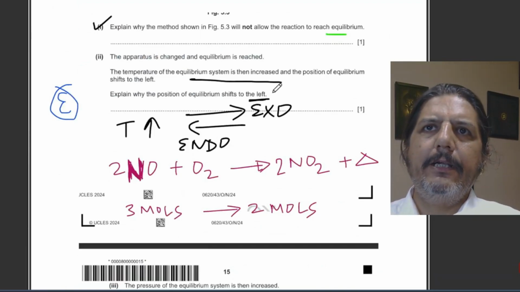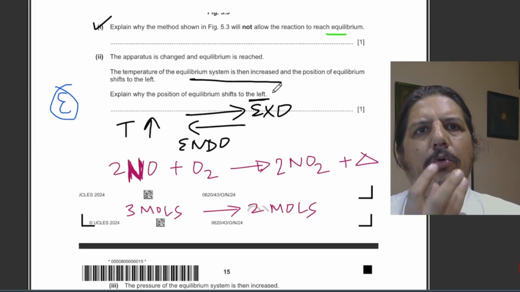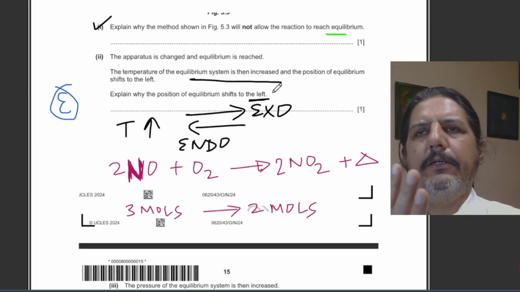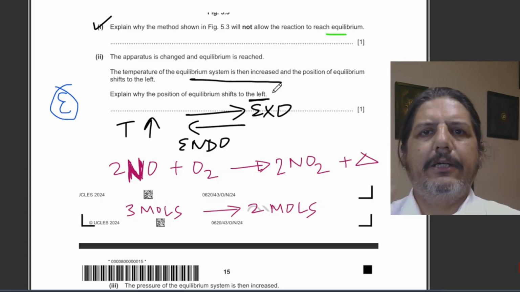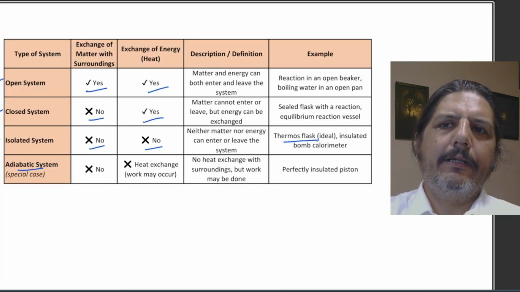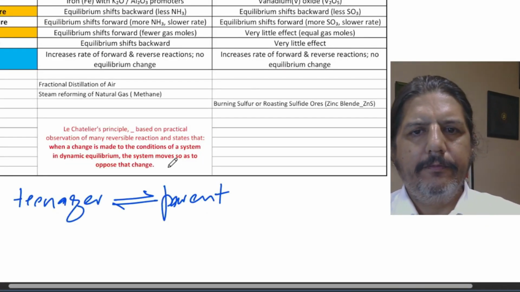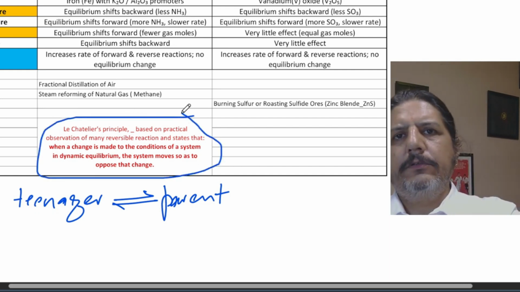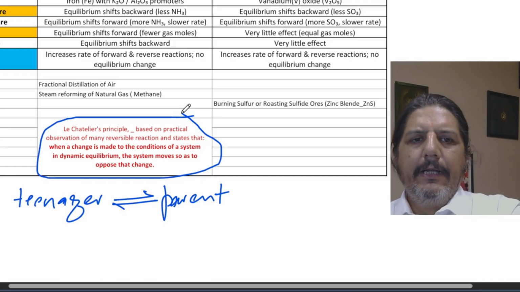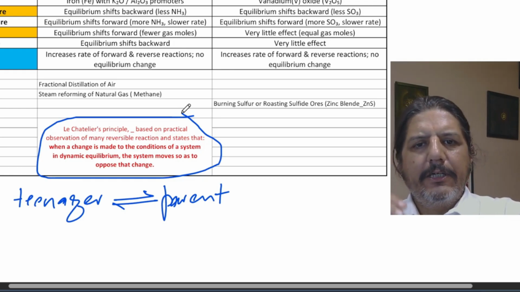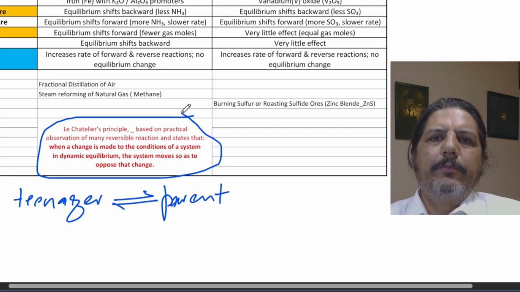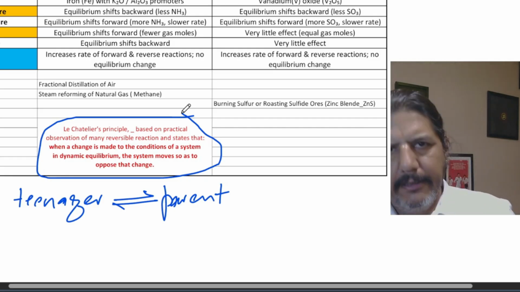As we have discussed again and again, the core principle on which this whole chapter hangs is Le Chatelier's principle. You should be very clear about it. I have discussed this before in the previous questions also. Basically, when a change is made to the conditions of a system in dynamic equilibrium, the system moves so as to oppose that change. We took an example of a teenager and a parent. Whatever the parent says, the teenager will try to oppose it.